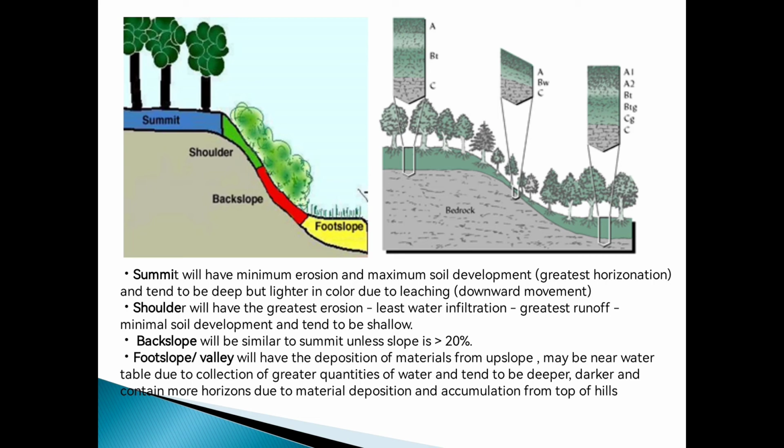And then we have the foot slope. So kung titingnan natin yung right picture, we have there in the summit A, Bt, and then C. And then in the shoulder, we have the development of soil horizon which has thin A, thin B horizon, and we have the C horizon.